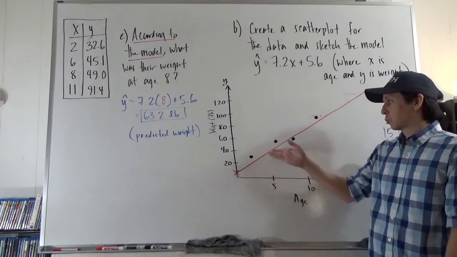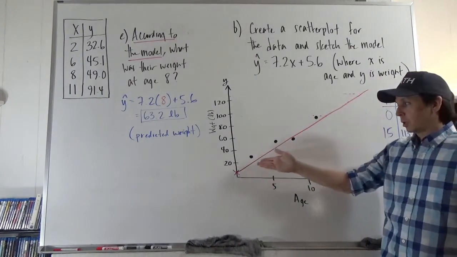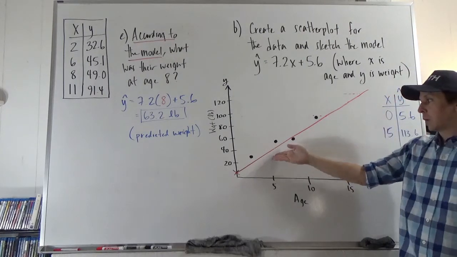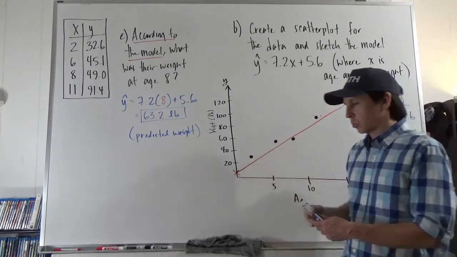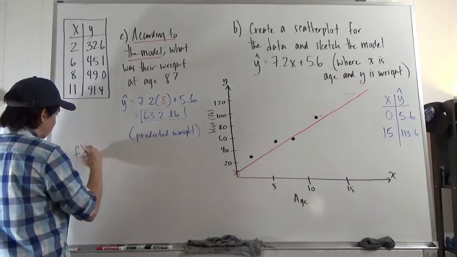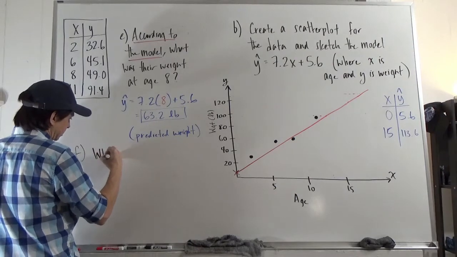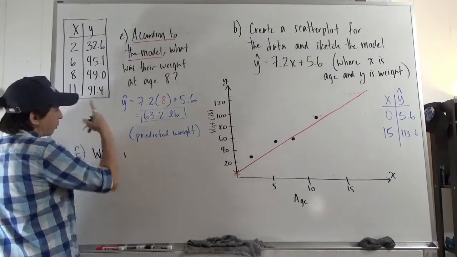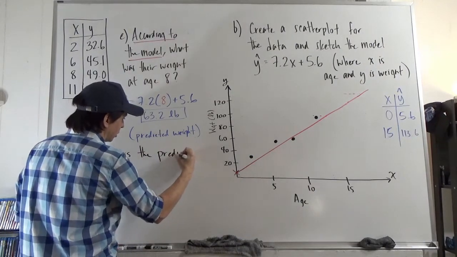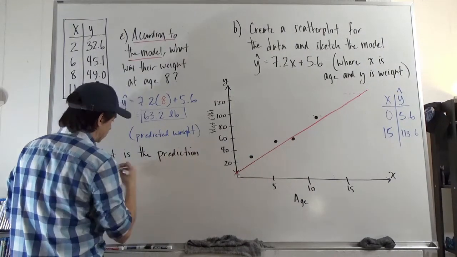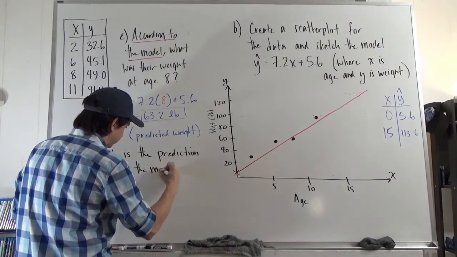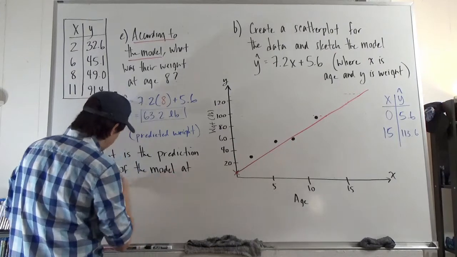But that's the thing that happens with models. Even though this line is a pretty good indication of how this kid is growing, you're not connecting the dots. You're using a linear model, so it might miss a point and it's going to be off from those. Therefore, it has what is called a prediction error. Each point will have a prediction error, and here I want you to find the prediction error of the model at age 8.